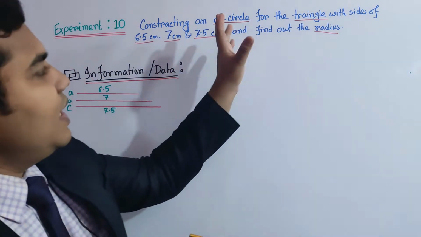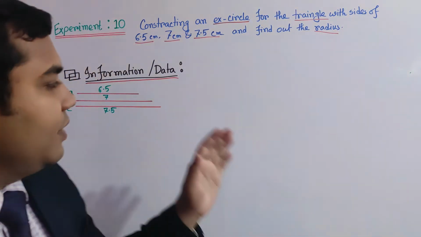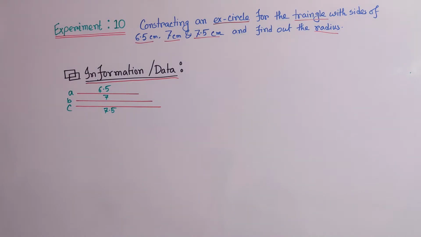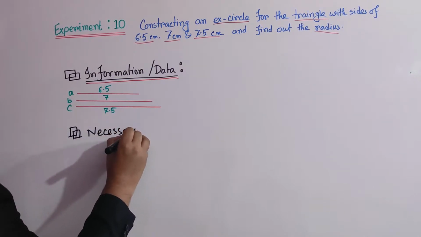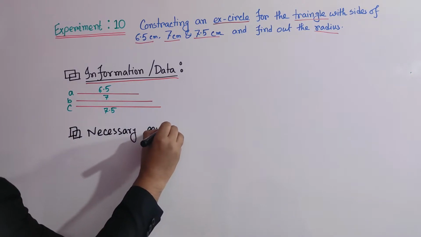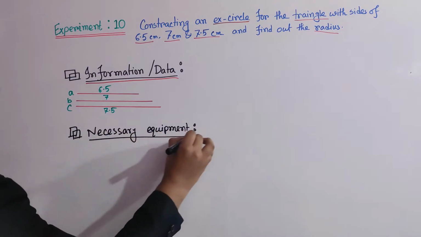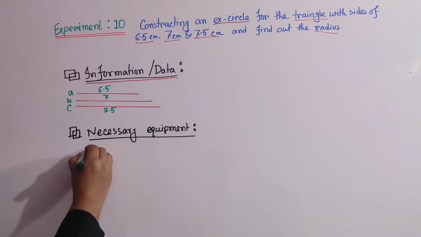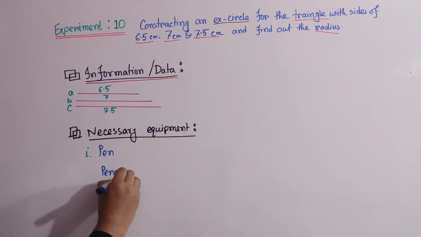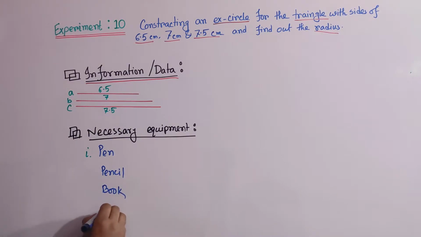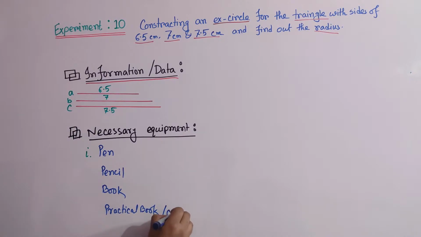To draw the ex-circle or the triangle, the construction part, first we need some necessary equipment. Which necessary equipment do we need? Say for example, our first necessary equipment can be a pen, then a pencil, then a book, the practical book, or a copy also.